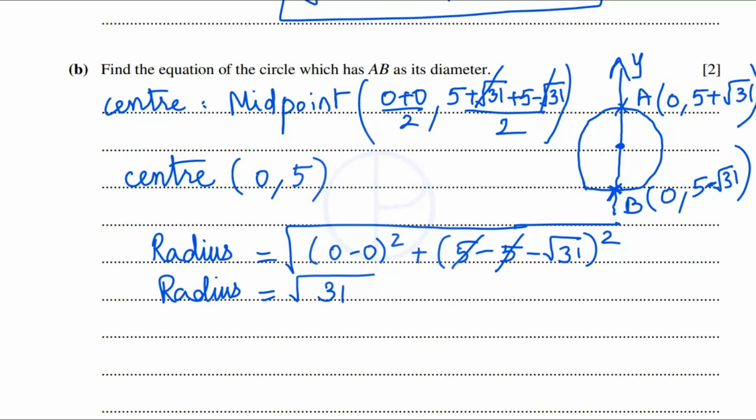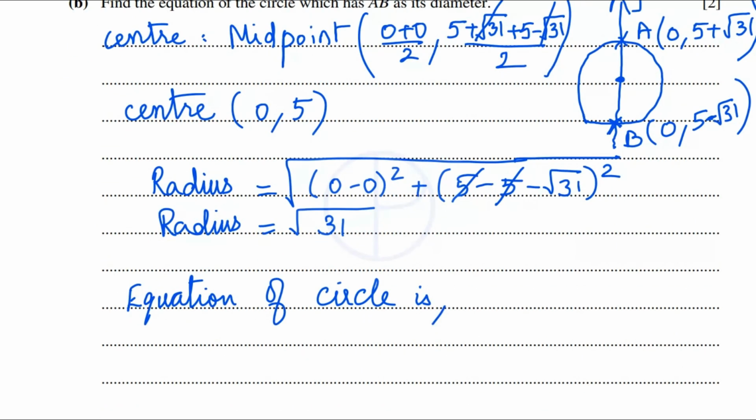So what's the equation of the circle? We know the center and we know the radius. So x minus the center's x coordinate value, which is 0, the whole square, plus y minus the center's y coordinate value, which is 5, the whole square equal to r square.